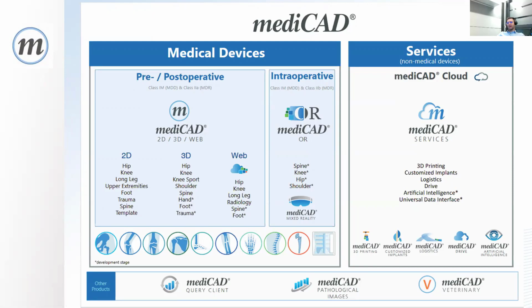You can export STL files and then send them to someone or to your own 3D printer, when you have one in your hospital, for example. Then you can print out the spine, and then we have a very good view of what is the best treatment for the patient, especially in severe cases. So these are the main sections: the pre and post-operative planning, the intraoperative solutions, and the services we provide.